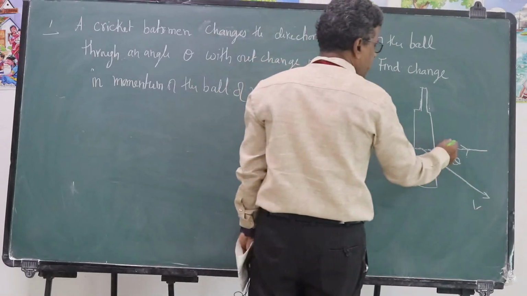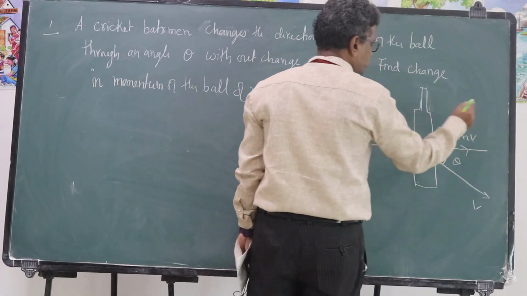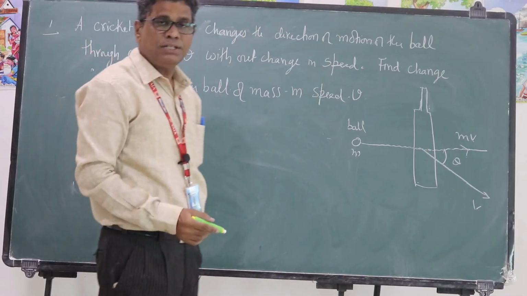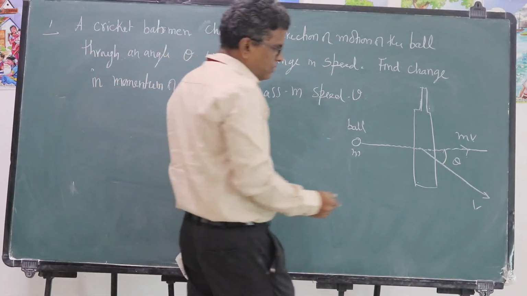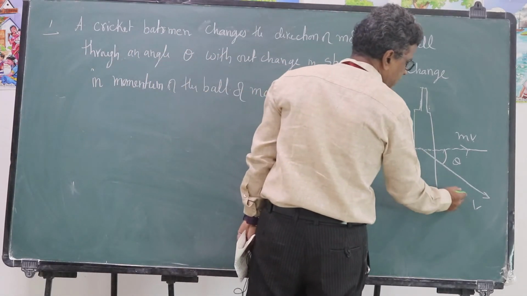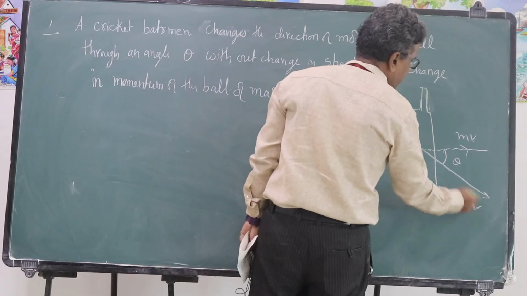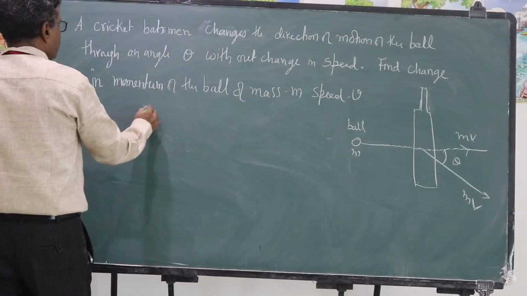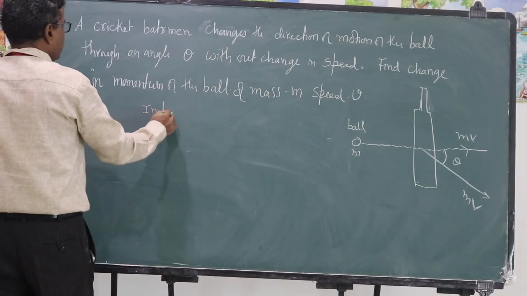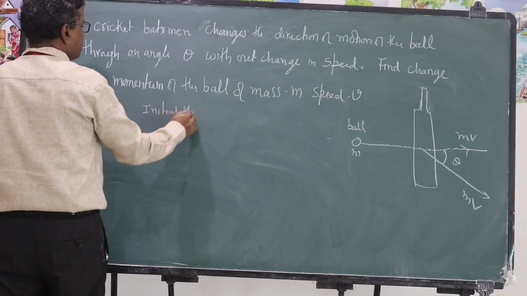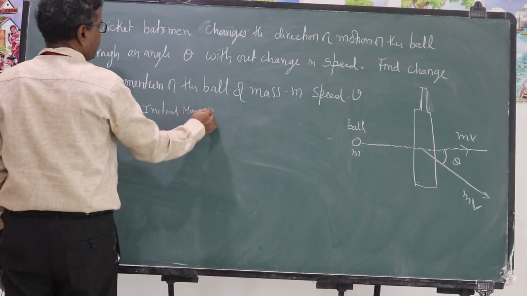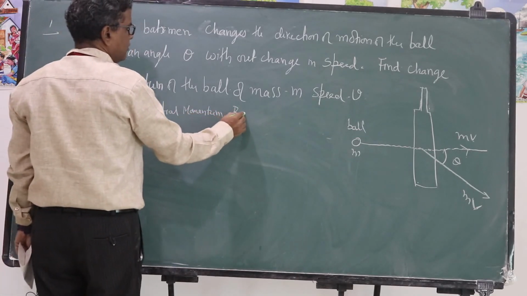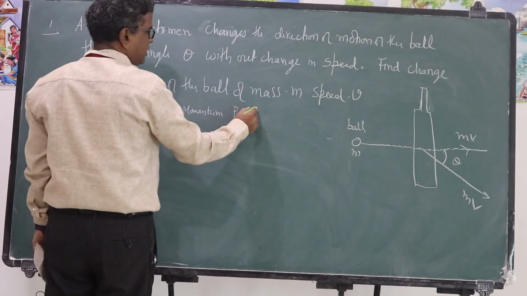So its momentum is mv. What is momentum? Mass into velocity. The final momentum is also mv. So the initial momentum, mass into velocity, let it be P1, is m into v.